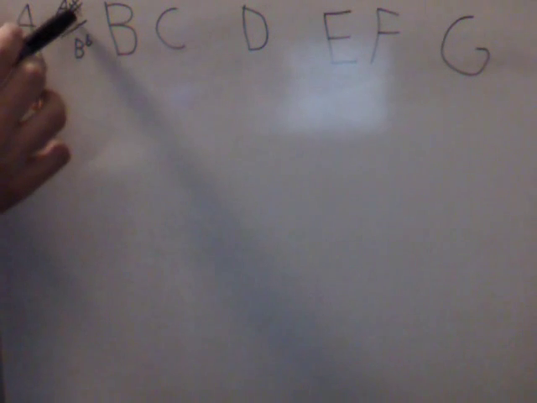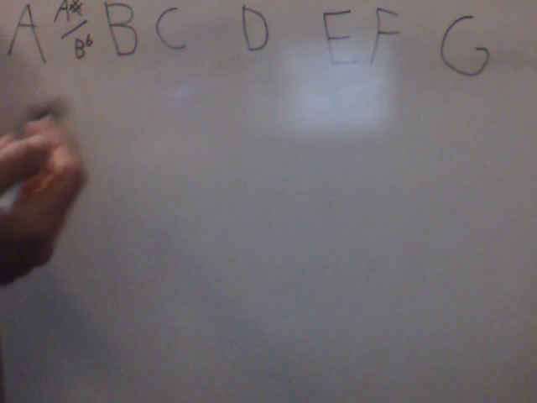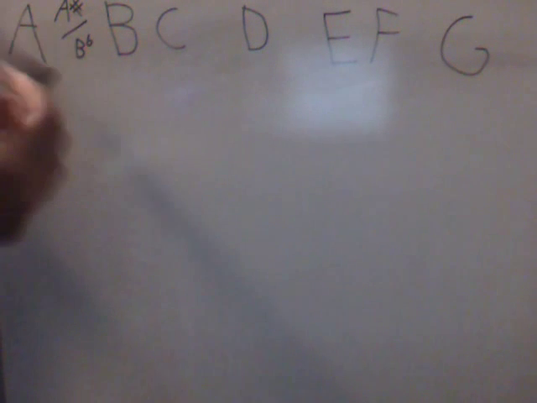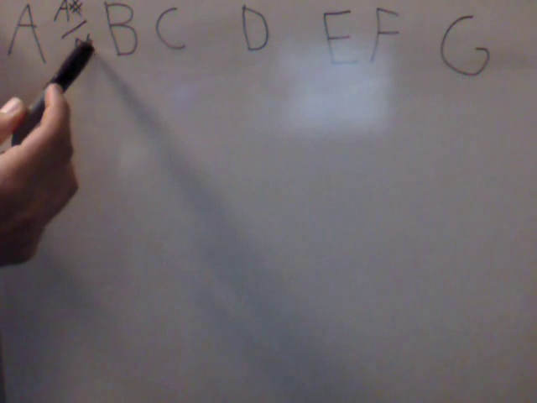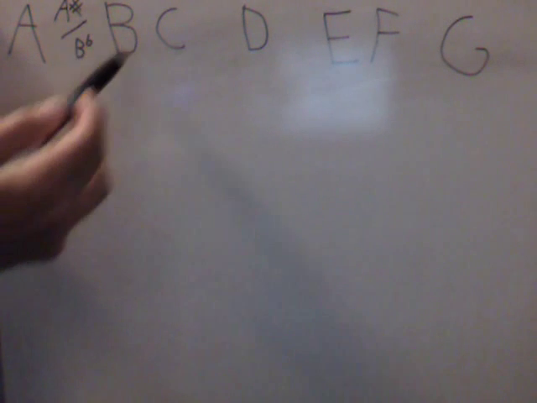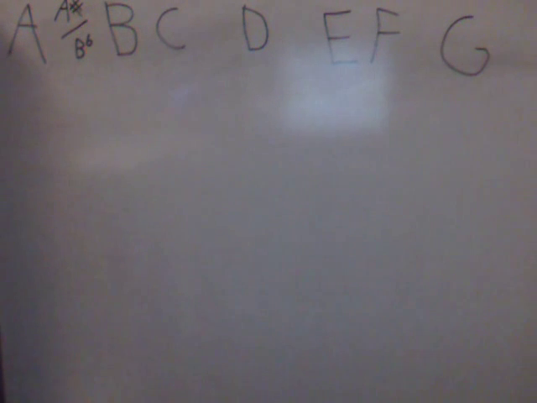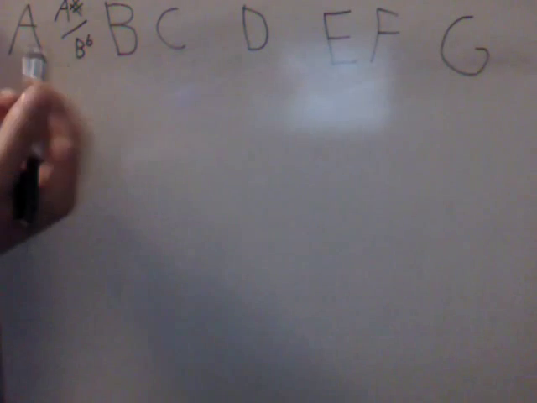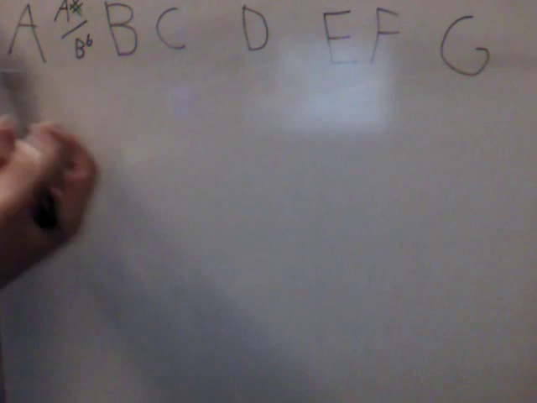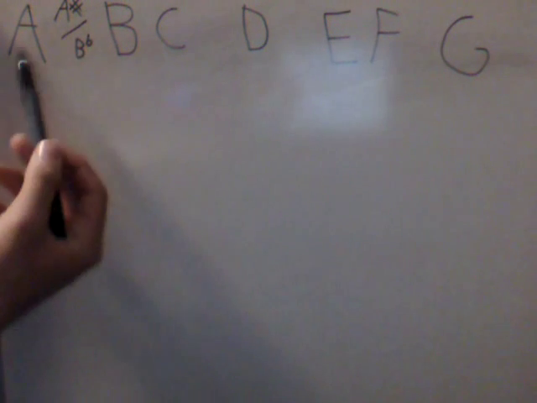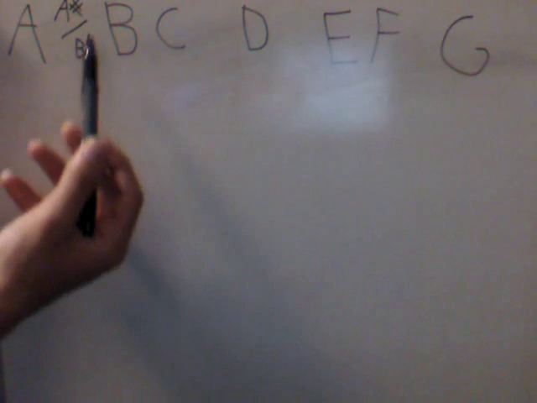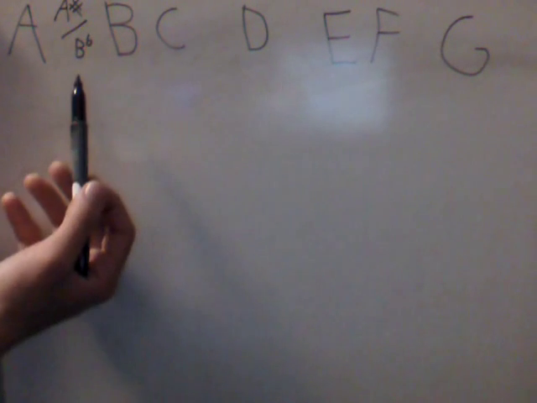So the sharp symbol just means a note above the previous note, and the flat symbol means the note below the next note. You can refer to this second note either as A sharp because it's above A, or B flat because it's below B.